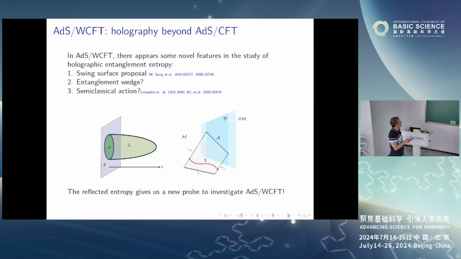I think in the original paper we called it the pre-entanglement wedge. And there are also some other questions. How about the gravity side, and how do we read the semi-classical action on the gravity side? It's not certain either. And that's why we try to use this entropy to give some new insight into AdS warped spacetime.